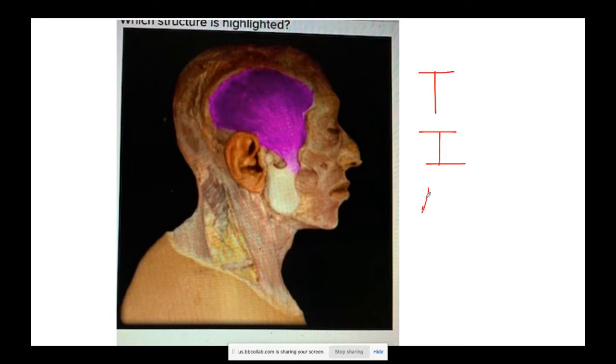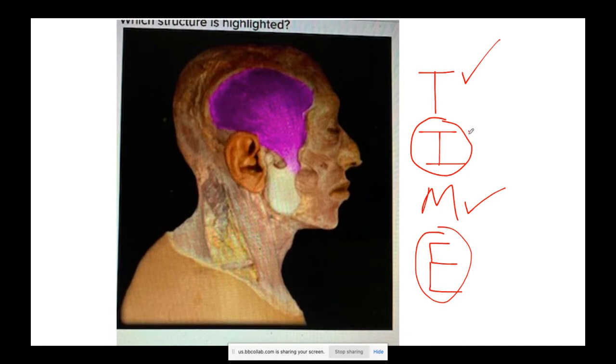So what I'm writing here is this mnemonic called TIME, T-I-M-E, and the T is for temporalis, the M would be for masseter, and then the I and the E stand for internal and external pterygoid.